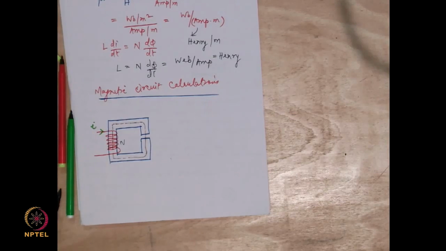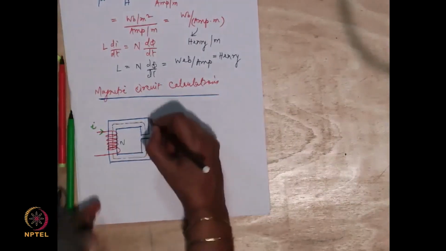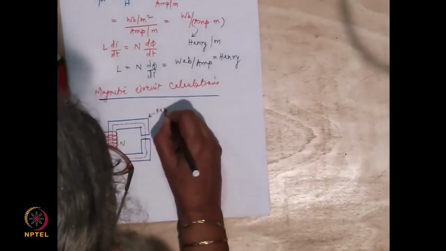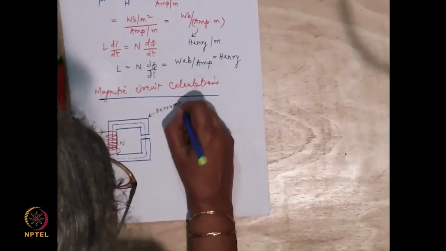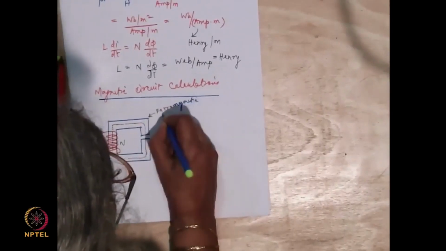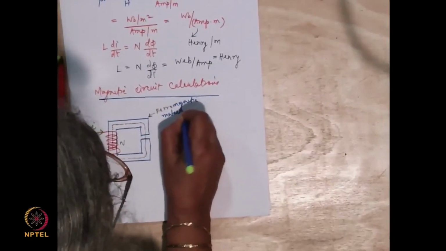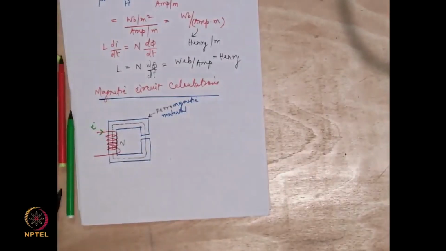If I say that this core is made up of ferromagnetic material, because of its permeability being quite high, right? I have shown only one magnetic field line, but there will definitely be multiple lines, and those will confine themselves as much as possible to the ferromagnetic material, because its permeability is pretty high, right?